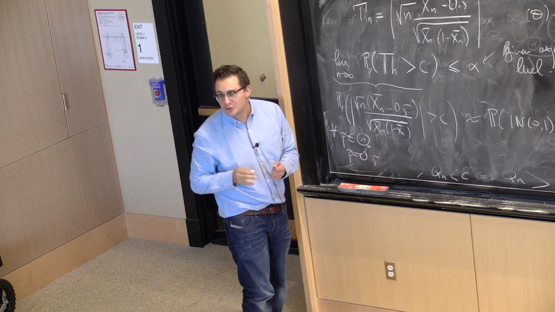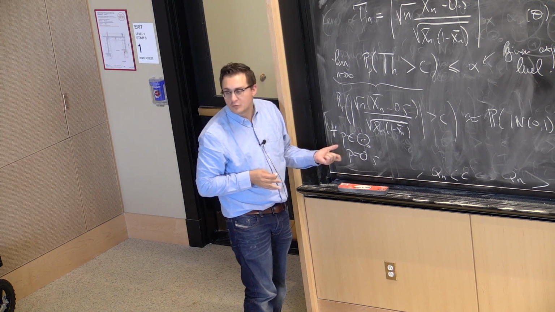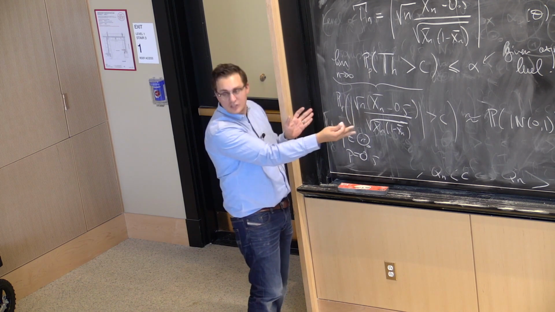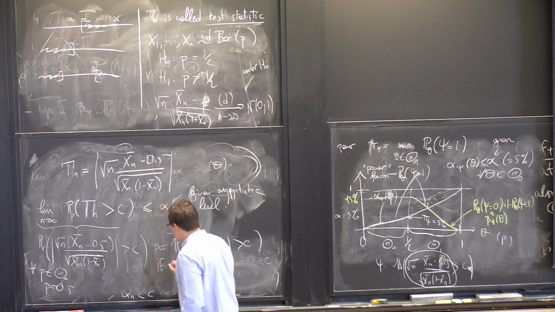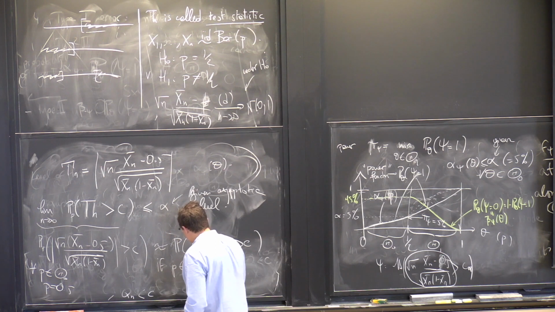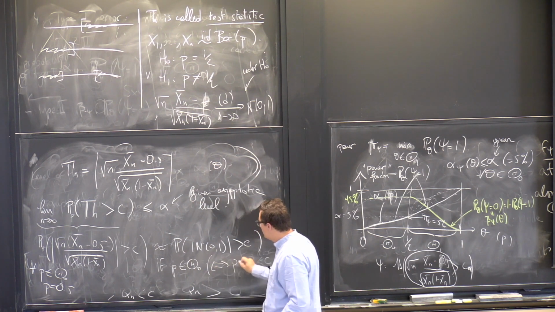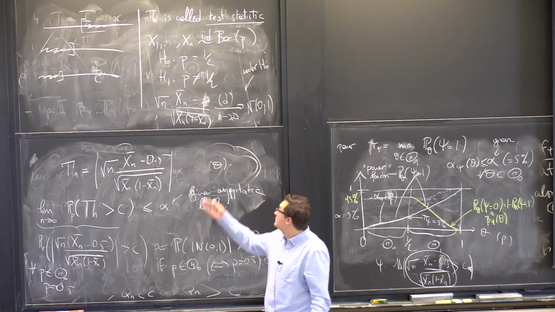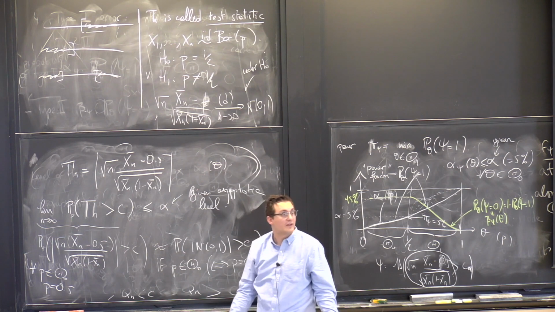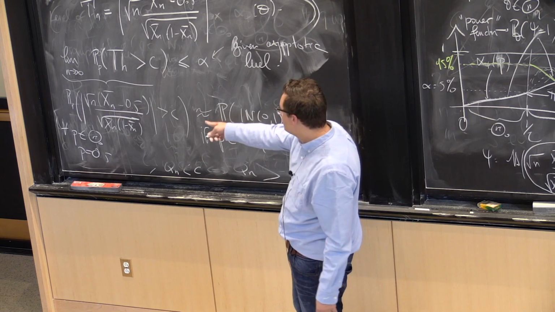So what you said was true, but it required specifying p to be equal to 0.5. In general it is not true, but it happens to be true if p belongs to theta naught, which is strictly equivalent to p equal to 0.5, because theta naught is really just this one point, 0.5. Okay, so now this becomes true.